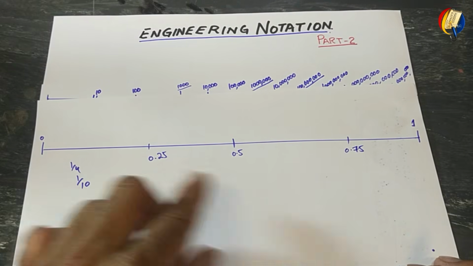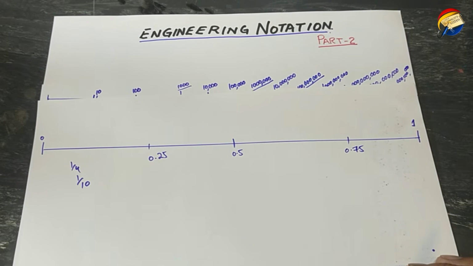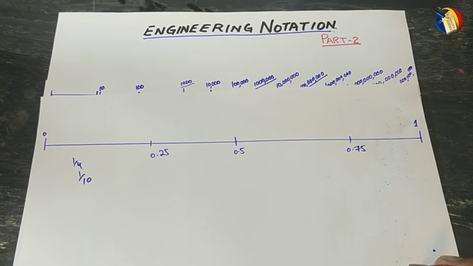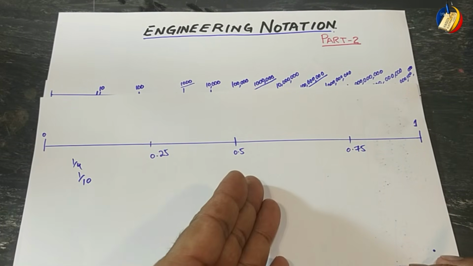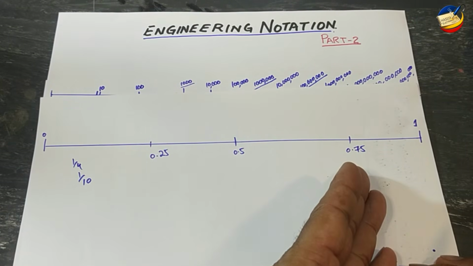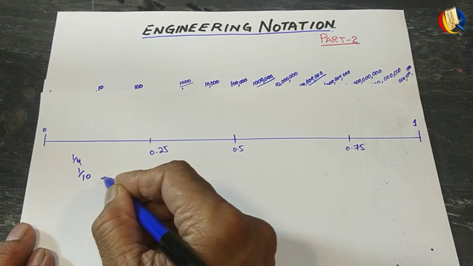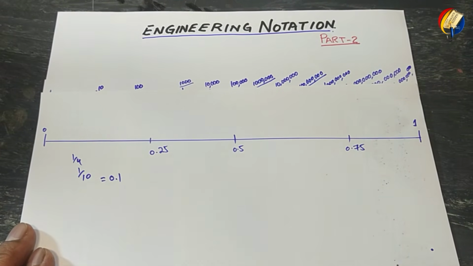That is in our routine life. We say quarter, half kilo, 3 quarters kilo. Half liter, quarter liter, 3 quarters, like that. When we say 1 over 10, it is 0.1.